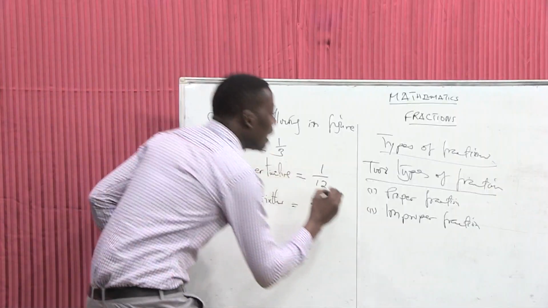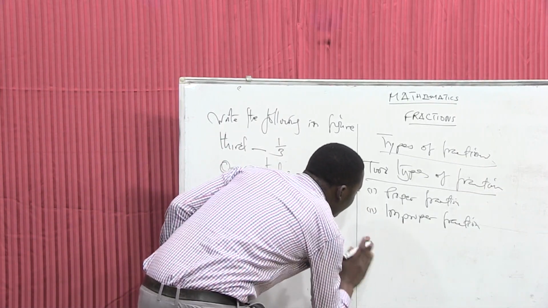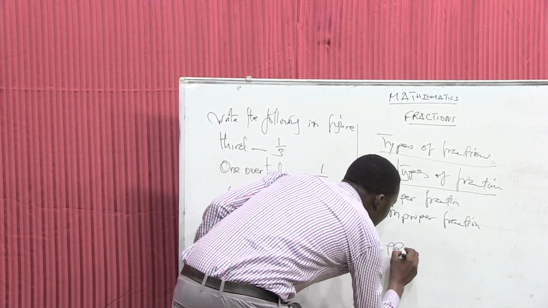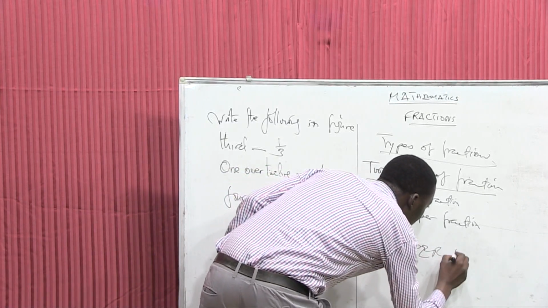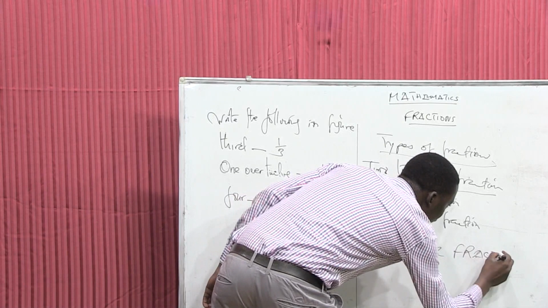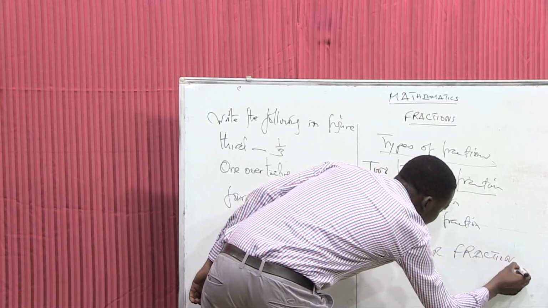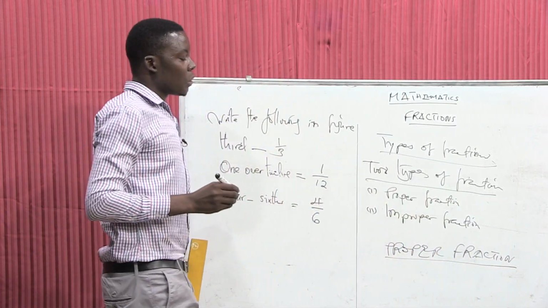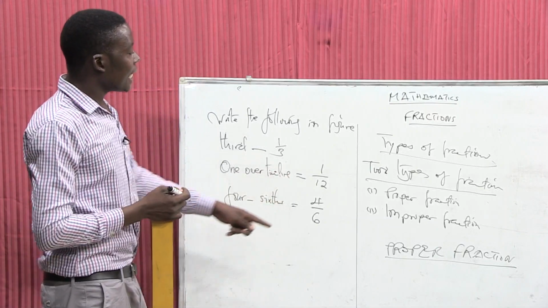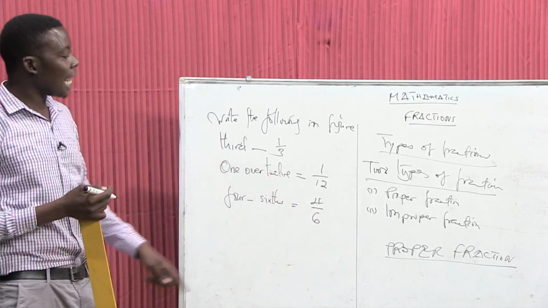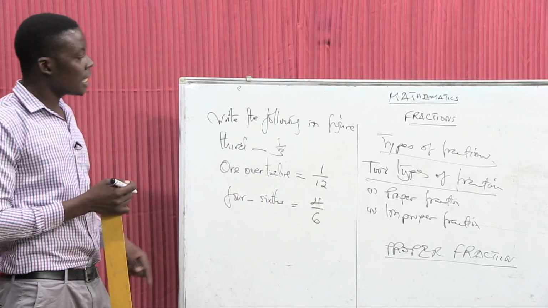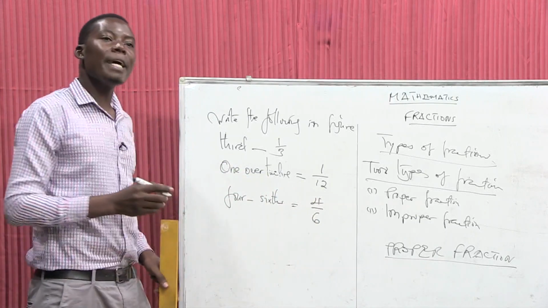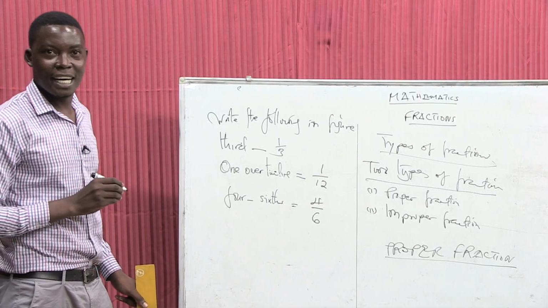We say that a proper fraction is the kind of fraction whose numerator is less than the denominator.